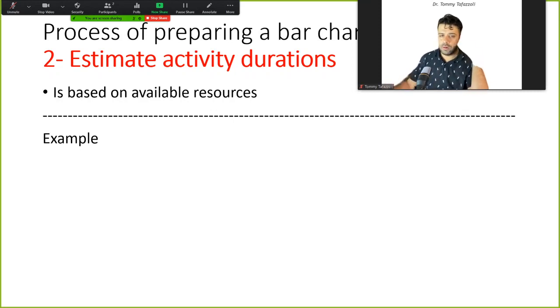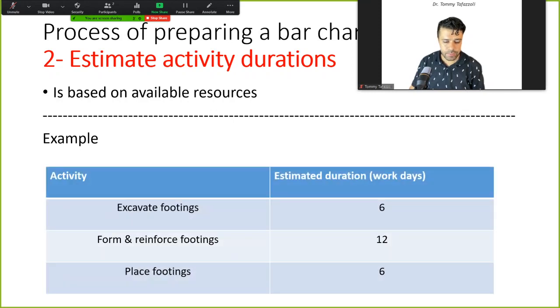So it's a great idea if a company can record the durations in every project, so most of the time they will be able to use it in the next projects.